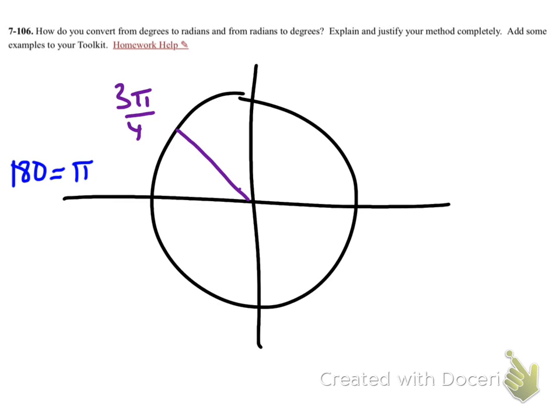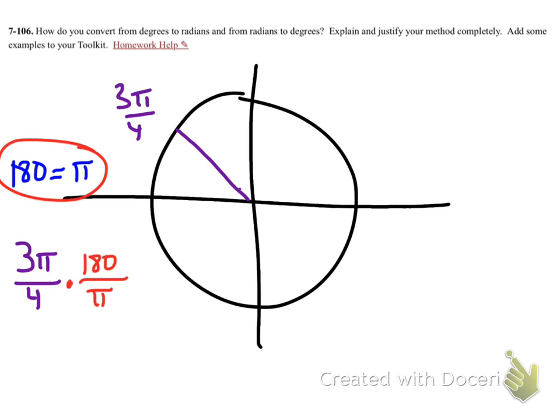So if 3 pi over 4 is an angle that I want to take a look at, and that's in radians, I want to convert that to degrees. So one of my options here, with 180 and pi being the same thing, is I can multiply this now by 180 divided by pi.